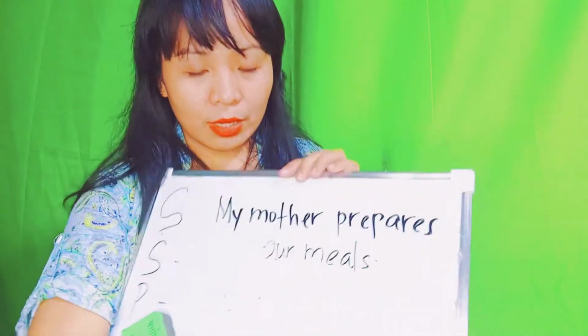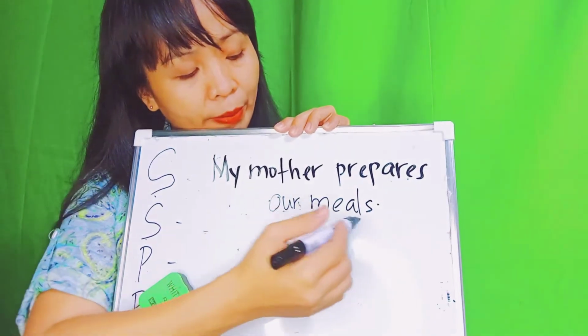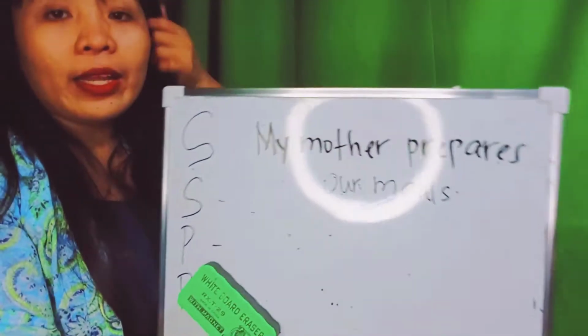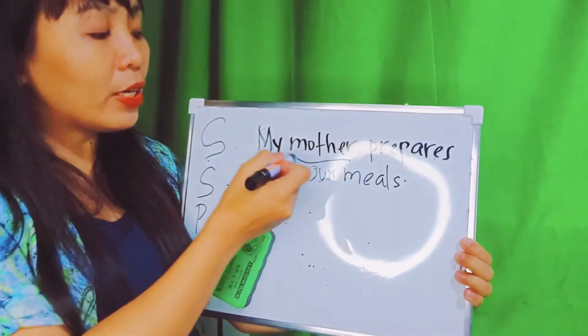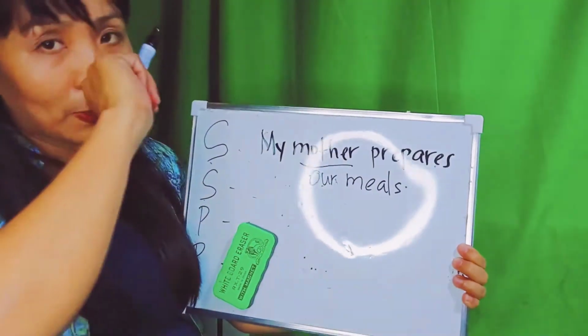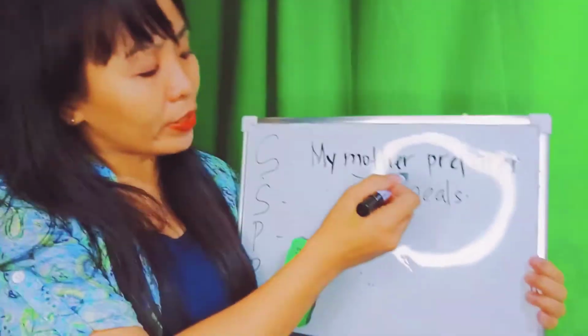Okay, our first example here is: My mother prepares our meals. We said earlier that our subject is a noun, so think that mother is the subject because we are talking about mother. This is our subject.